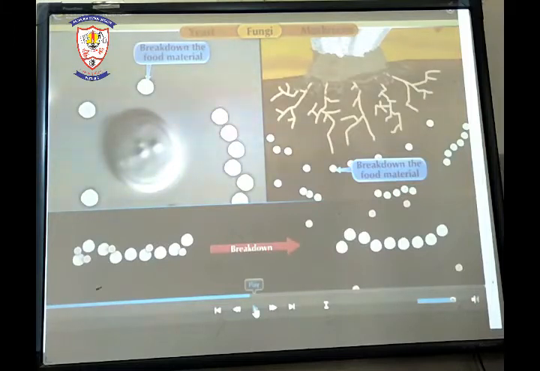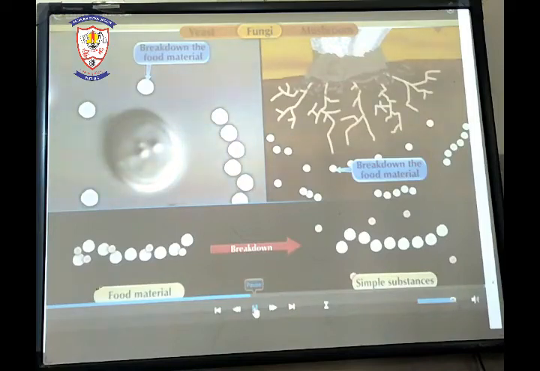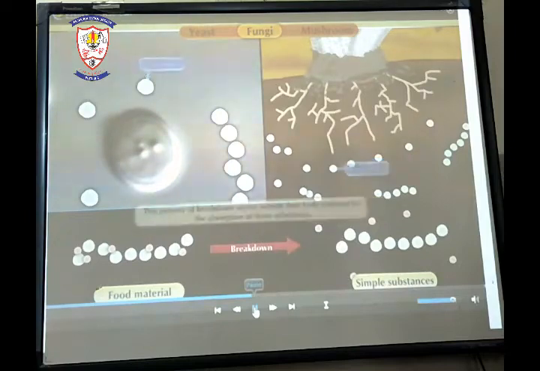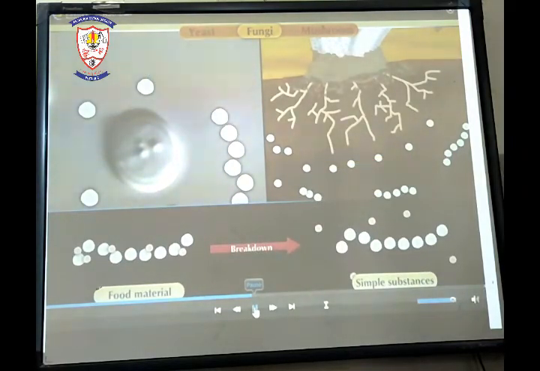We can see here yeast, fungi and mushroom. They break down the food materials into simple substances, and this breakdown occurs outside their body, followed by the absorption of these substances. The process of absorption takes place throughout the entire body surface.